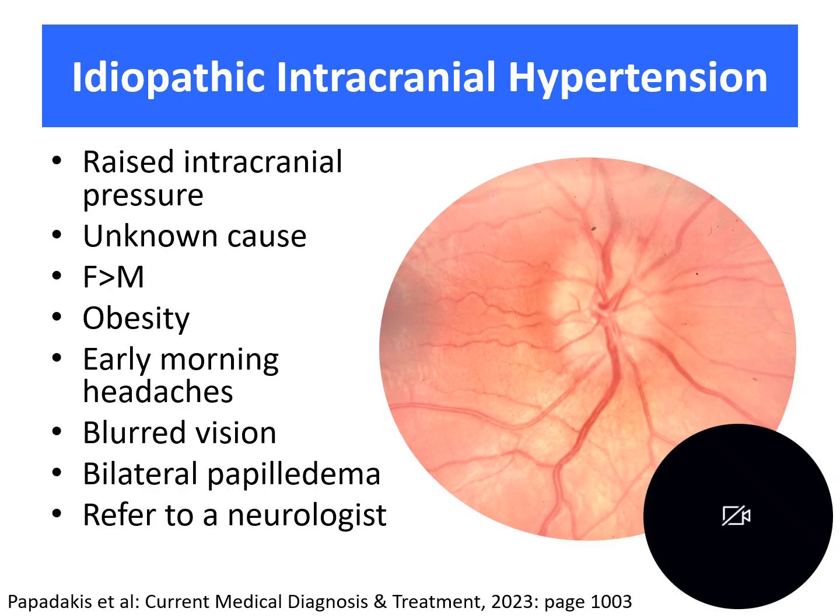But really, by and large, we don't know why this happens in a male patient who is not overweight, who is not on oral contraception or any of the other risk factors we've talked about. As I said before, it's more common in females than males, more common in overweight or obese females.